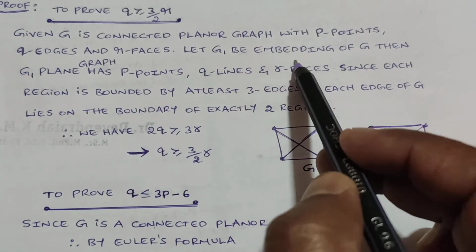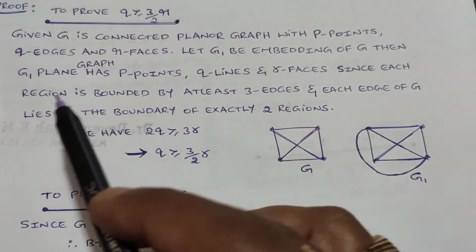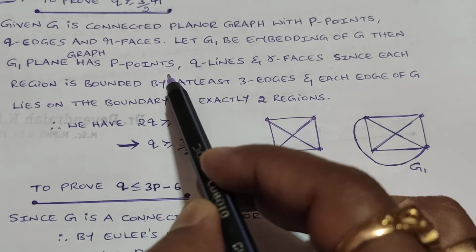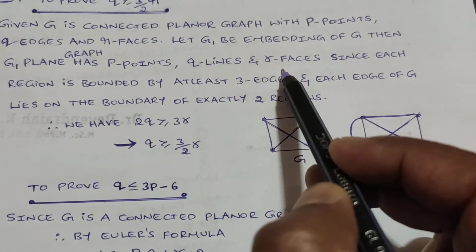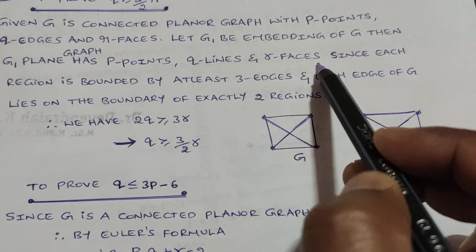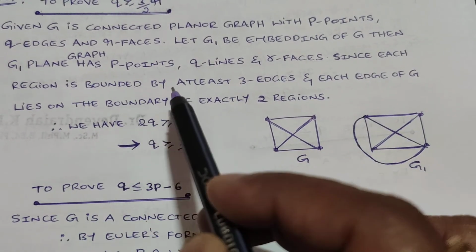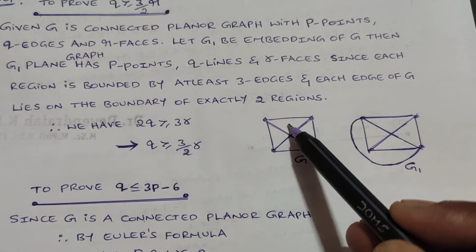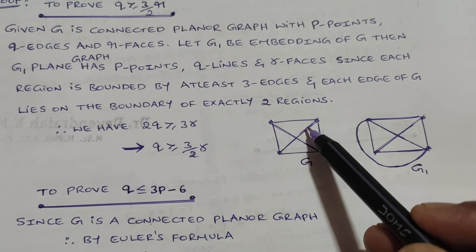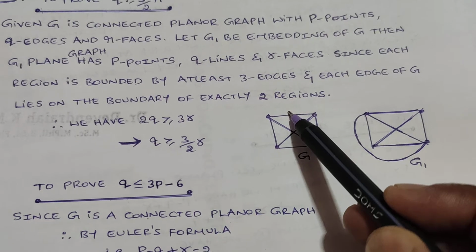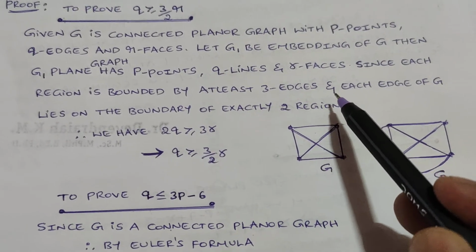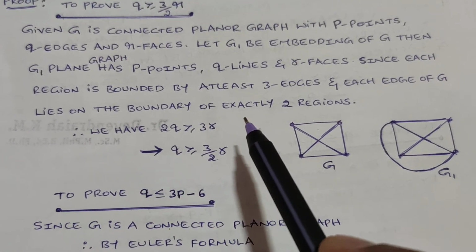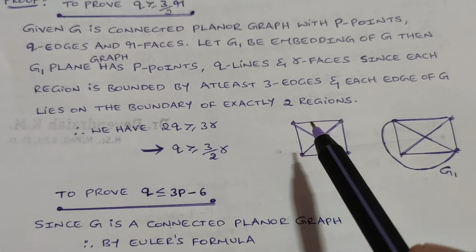Let G1 be an embedding of G, then the plane graph G1 has P points, Q lines and R faces. Since each region is bounded by at least 3 edges, let us check region 1. Here in this region: 1, 2, 3. So it has 3 edges, and each edge of G lies on the boundary of exactly 2 regions.